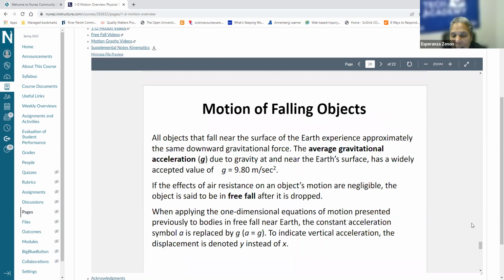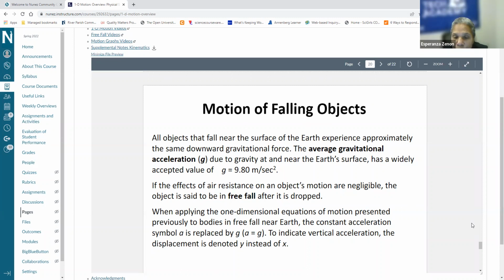Free fall. I mentioned that earlier, that an object falling in physics doesn't always mean the object is moving straight down. Falling could mean the object is moving straight up or straight down. But if it is free falling, then it means the only thing influencing that motion while the object moves up or down is gravity.